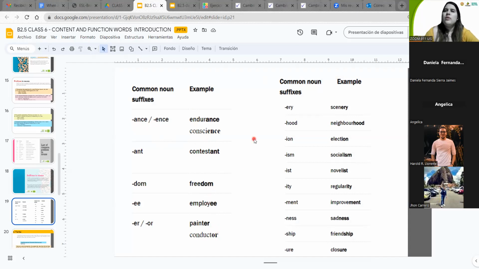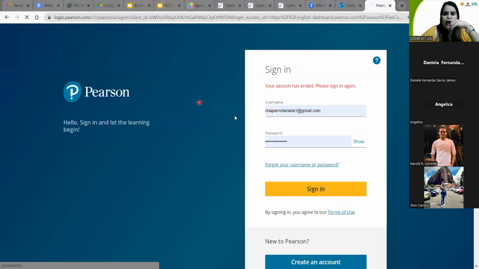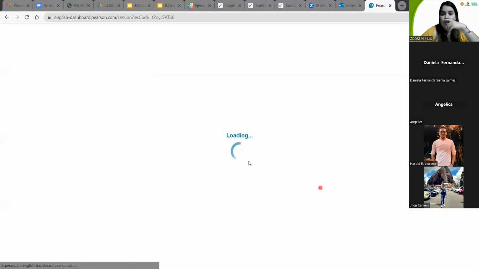If you remember, but that was a long time ago. In B1.4, I know because I have a B1.4 group right now and I just saw it. We have a list, let me open the book and I will share where. In unit 2. That was in B1.4.